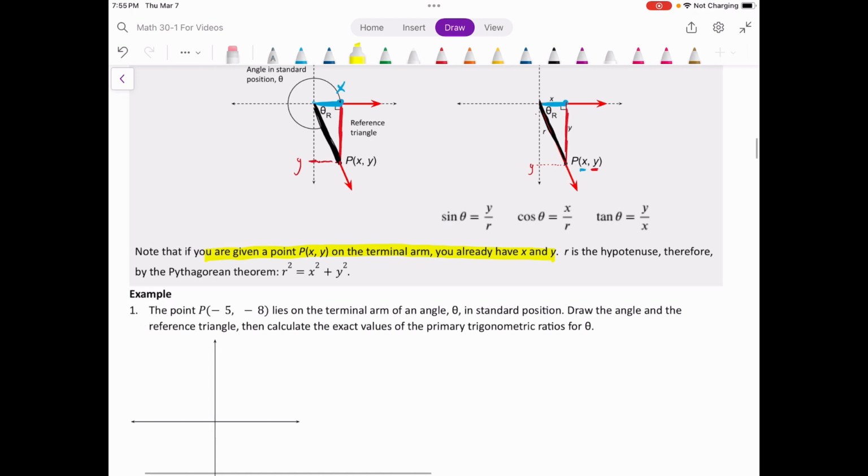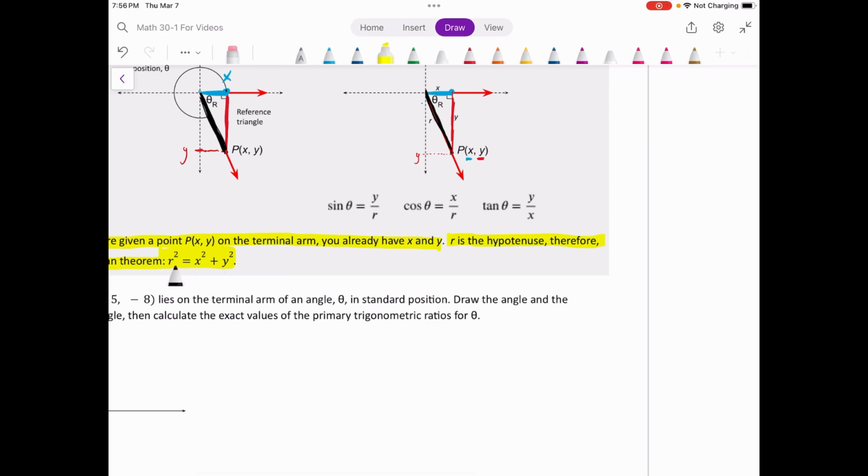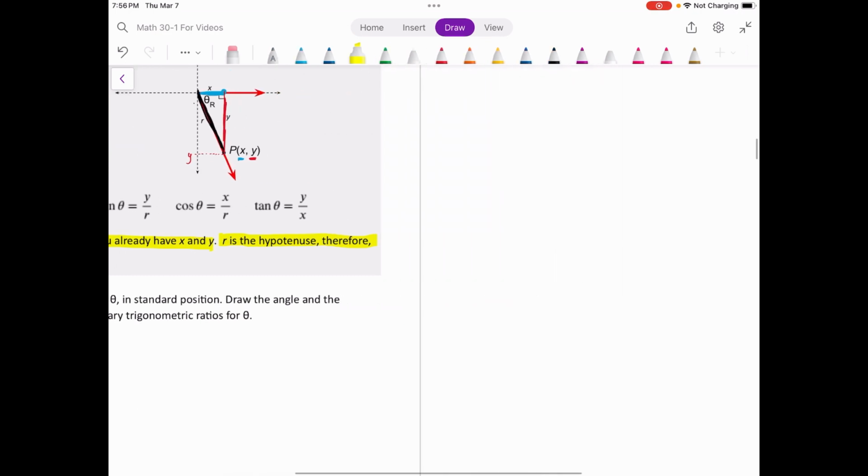R is the hypotenuse, so you can actually find that as well using your Pythagorean theorem. Just remember for the Pythagorean theorem, again, for this we could say r squared is equal to x squared plus y squared. Remember for the Pythagorean theorem, it's just the hypotenuse squared is equal to the other two sides squared, what we call the legs. The legs are the non-hypotenuse sides of a right angle triangle, right?